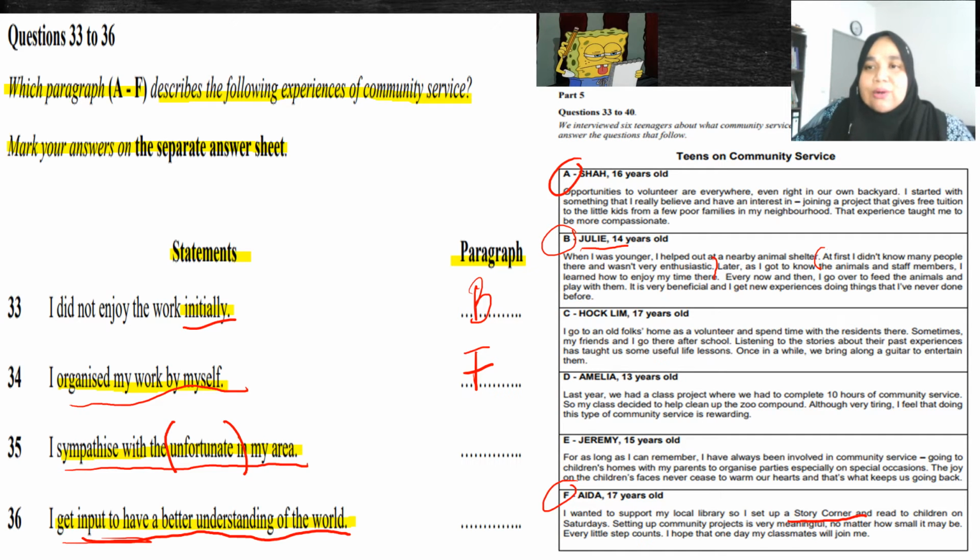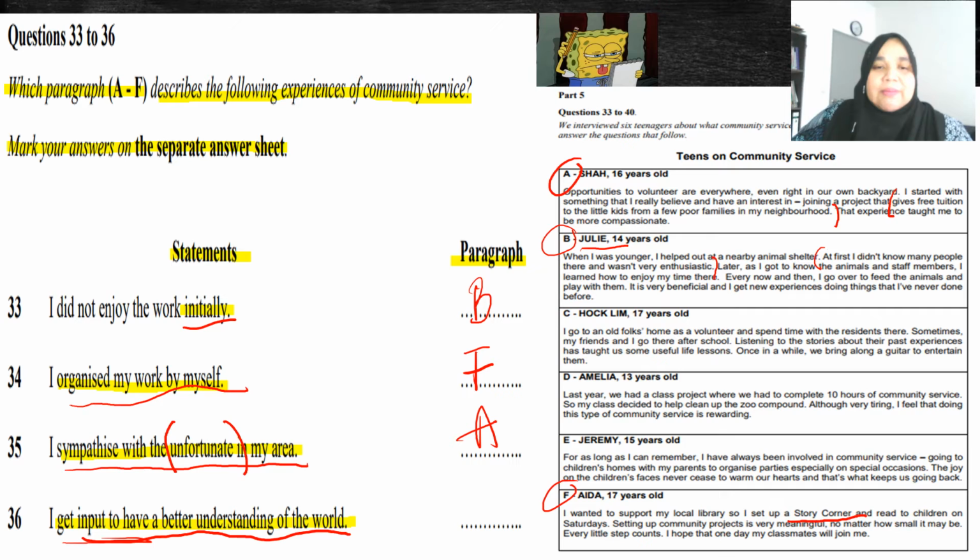Remember what Shah did? He gives free tuition to a little kid from a poor family in my neighborhood. So a poor family in my neighborhood is similar to the unfortunate in my area. So the answer for question 35 is from paragraph A.